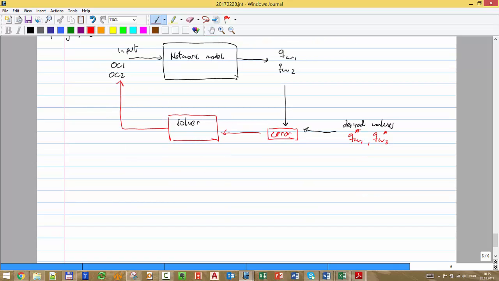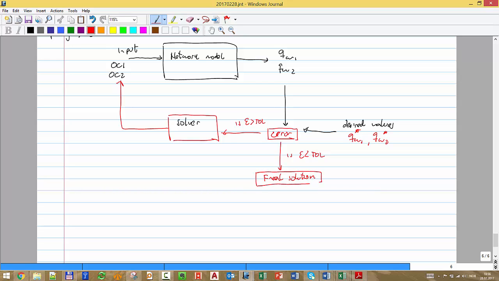Here I have error greater than the tolerance, and here error smaller than the tolerance. Okay, so here I have my final solution.